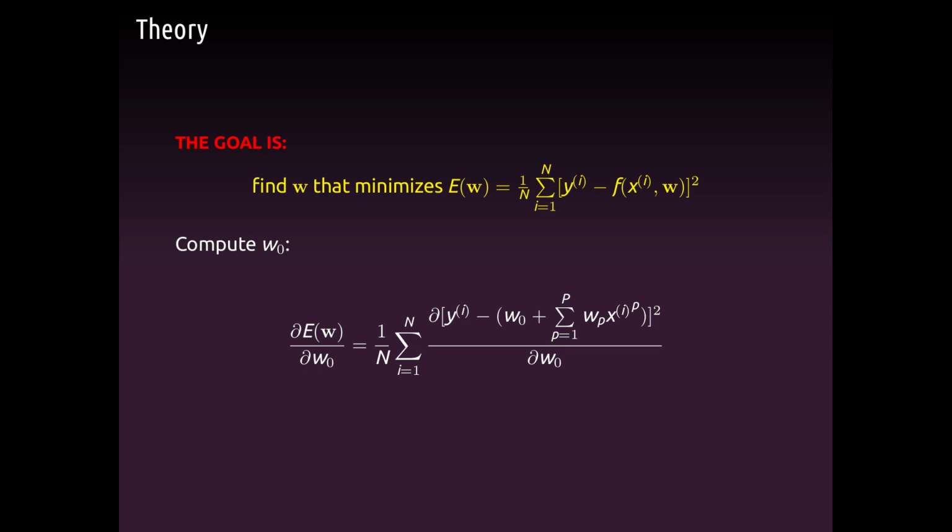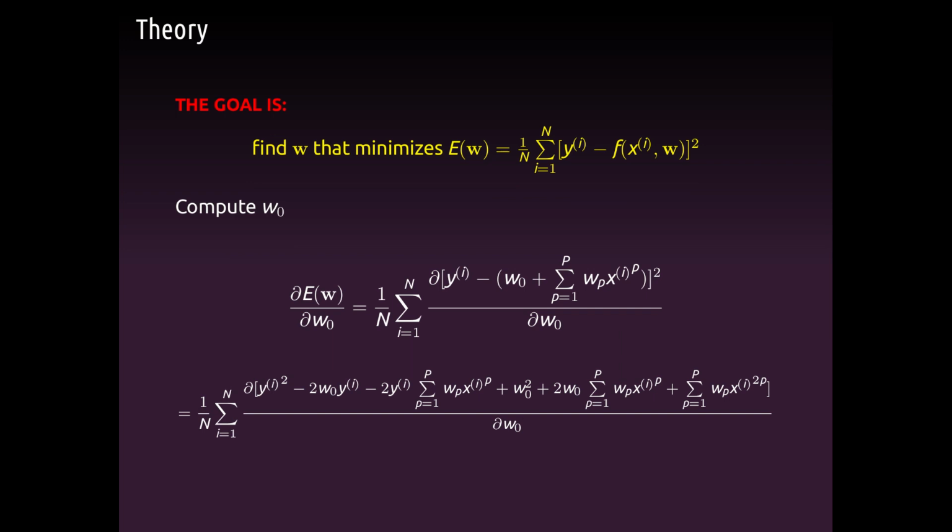So this will equal 1 over n multiplied by the summation of the derivative of the expression y super i minus w naught plus sigma wp x super i to the power of p, all squared. We will try to compute the derivative of this term with respect to w0.